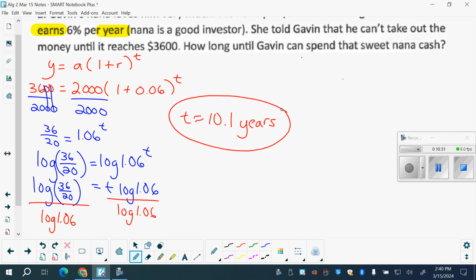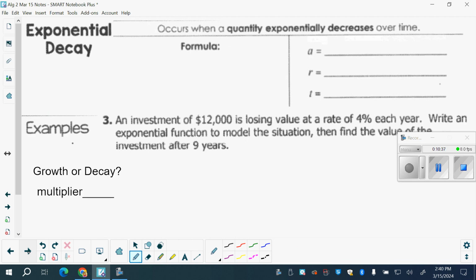Okay, next example. You guys still looking at this? Okay, exponential decay. Formula is very similar. And since it's decay, it's going to be a minus. That's right. So it's the same formula, except it's a 1 minus r to the t.